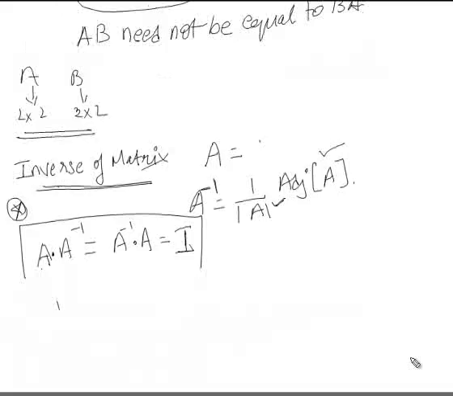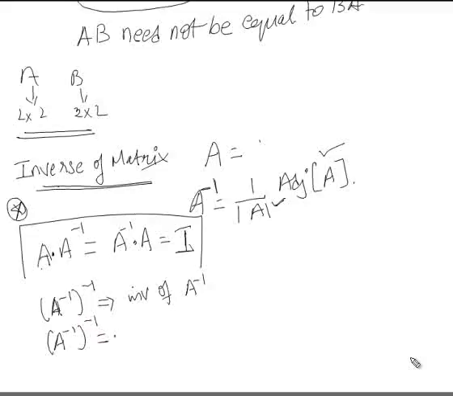And also, what is A inverse inverse? This is the inverse of A inverse. Correct? And it so happens that it is A itself. How? Can you prove this? Yes, we can.